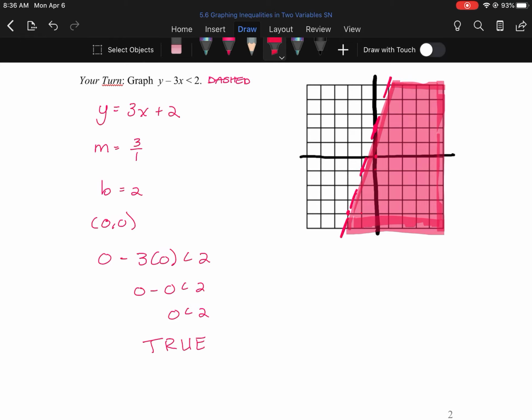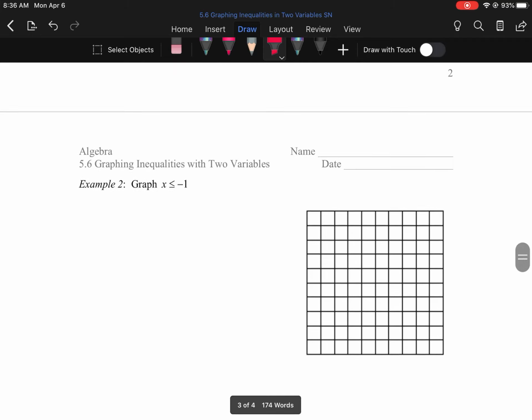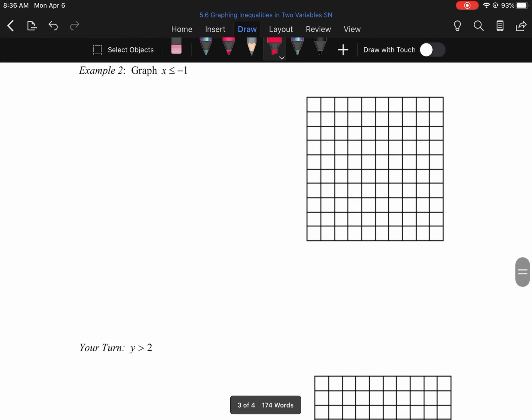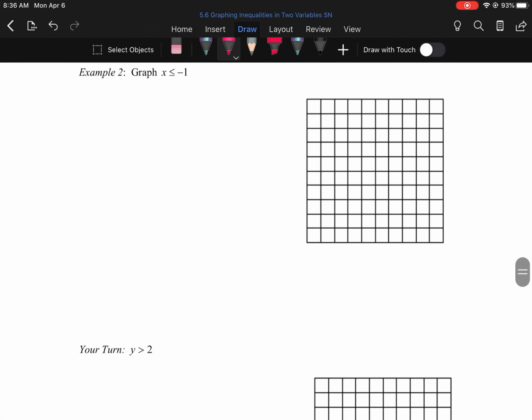So here's my shaded side. Yours probably looks prettier than mine. All right, so first your turn, done. All right, next example.